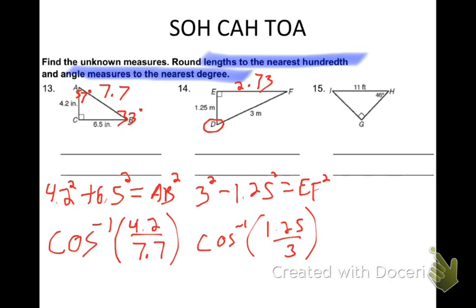And angle D comes out to be what? Nick, what did you get? 65 degrees. Which means angle F has to be what then, Frost? 25 degrees.